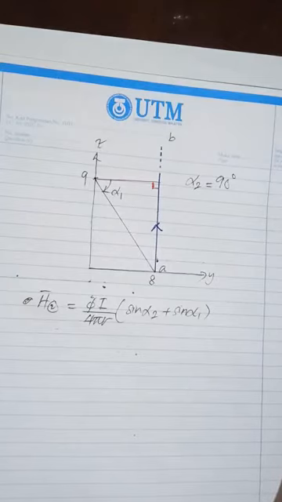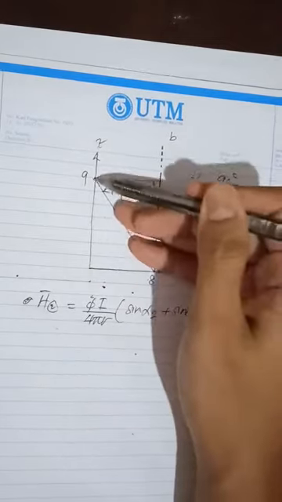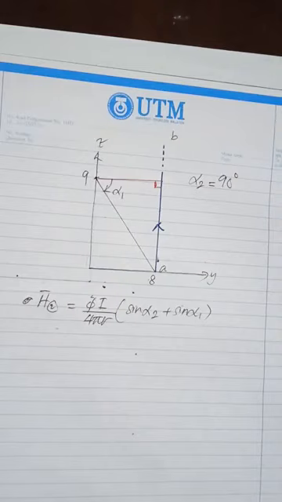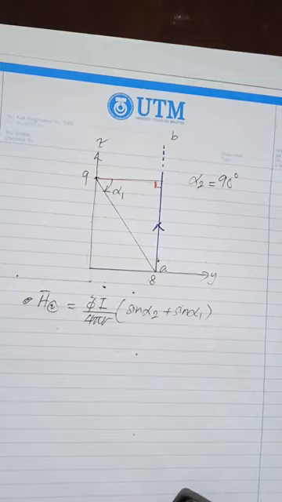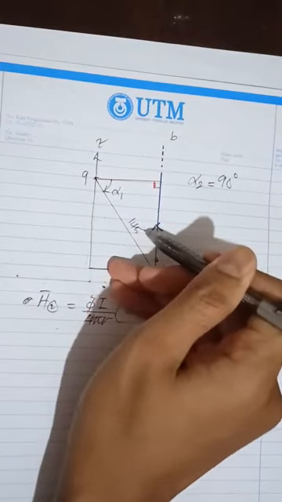Okay, now we are going to find alpha 1. Alpha 1 can be obtained using the Pythagorean theorem. If let's say here is 8 and here is 9, you can get this length by adding these two squared lengths, 8 squared plus 9 squared, giving the square root of 145.